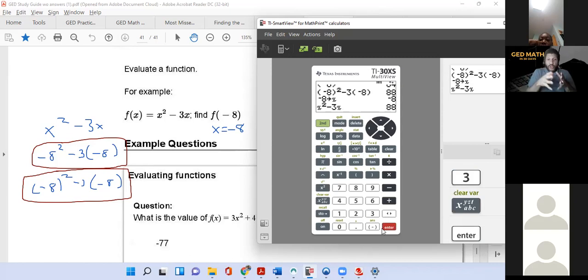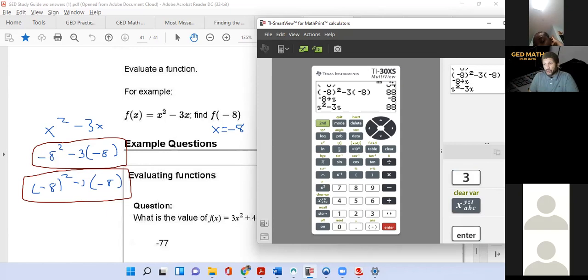To me, using the calculator is going to improve your accuracy because there are no mistakes you can make. So you don't make that mistake thinking of the first option, -8 squared, which comes out to -64 plus 24. Being able to store that variable and then put that expression into your calculator is probably at least 3 questions on your exam, I can almost guarantee.